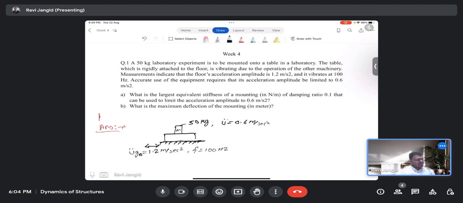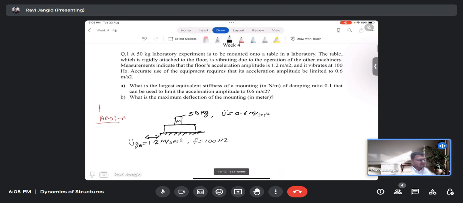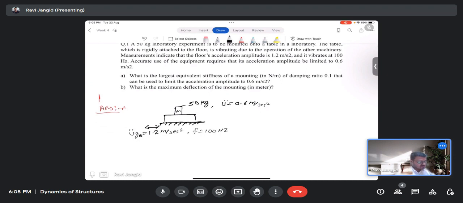So for this we need to find the stiffness of the system with a damping ratio of 0.1, so that our system does not exceed the limit of 0.6 meter per second square.